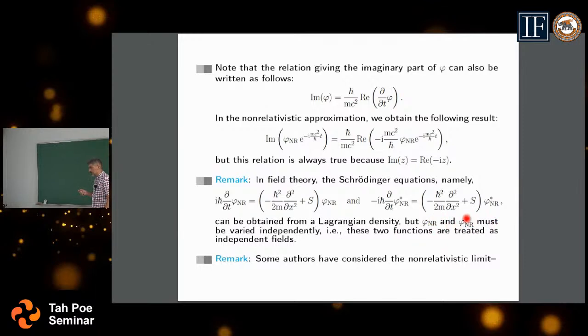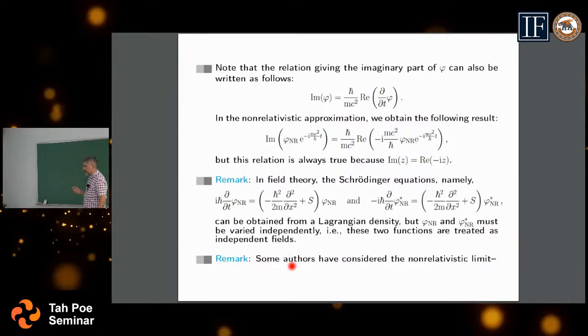Phi asterisk doesn't satisfy the Schrödinger equation because of this minus sign. This equation is not this equation. Because if this equation were this equation, you could write real solutions, but you cannot. So phi asterisk satisfies this equation, and phi non-relativistic satisfies the Schrödinger equation. But you need to suppose phi and phi asterisk can be changed independently.